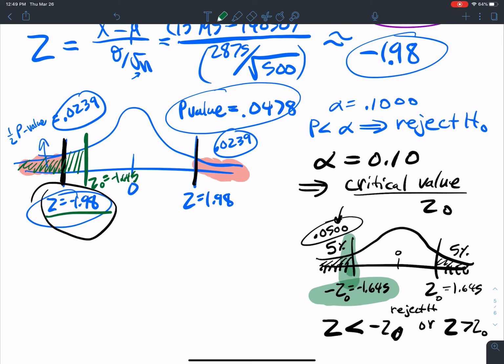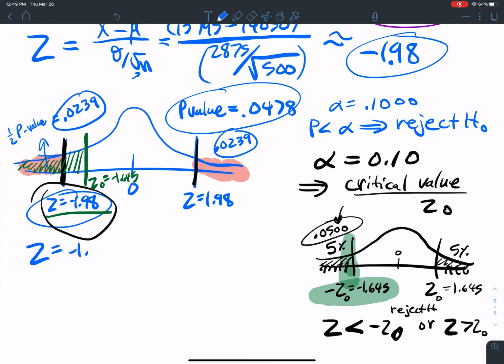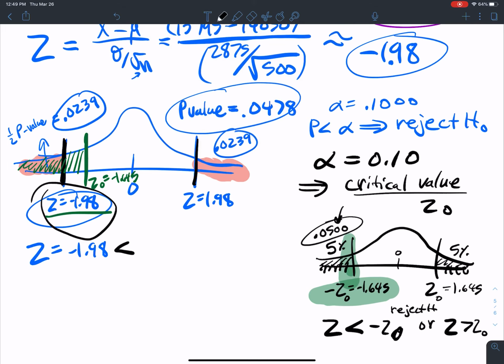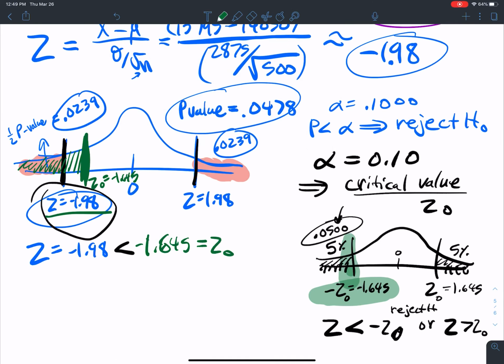Guess what? This blue z equal to negative 1.98 is less than the green z naught, negative 1.645. Remember, numbers on the right side are bigger than numbers on the left side, right? Okay. So therefore, what does this tell me? I reject H naught.